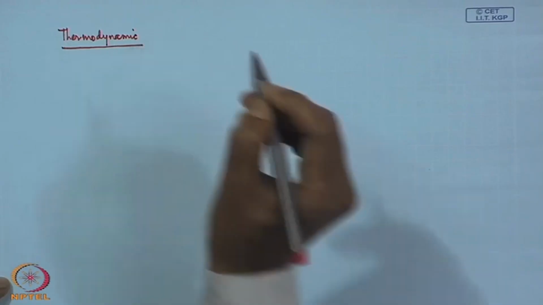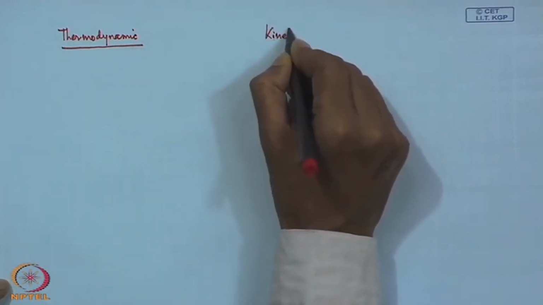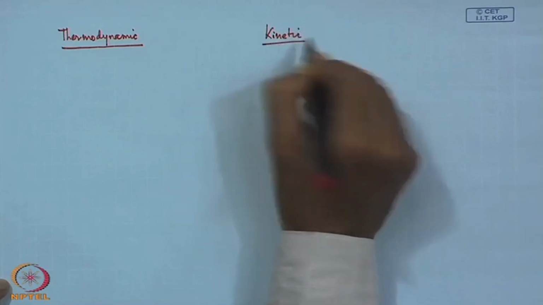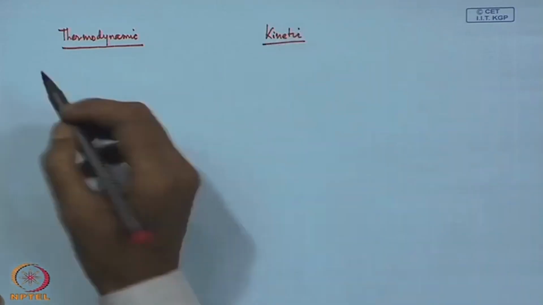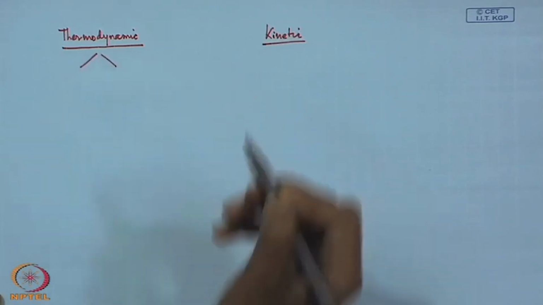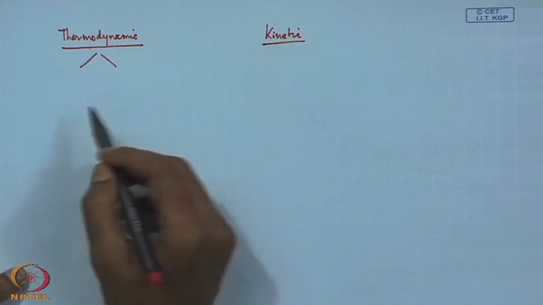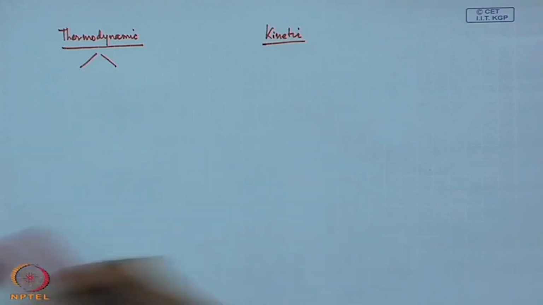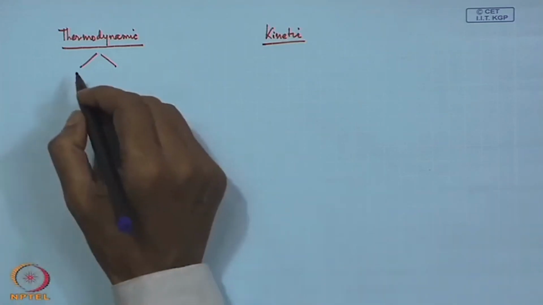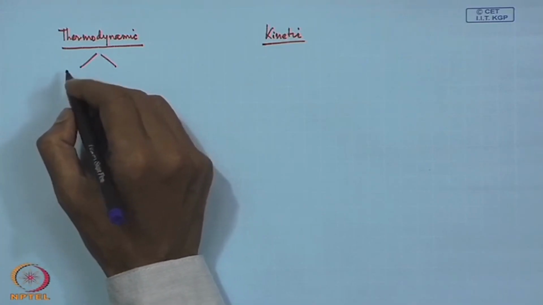So, the thermodynamic quantity for the reaction and the kinetic quantity for the reaction are of two types. In terms of the K values, once we face the formation constant, if the magnitude of the formation constant is pretty high, we can say that the corresponding stability of the complex is also very high.